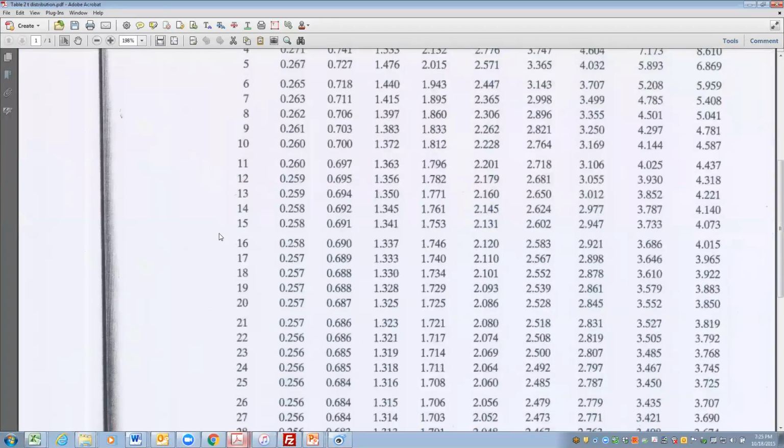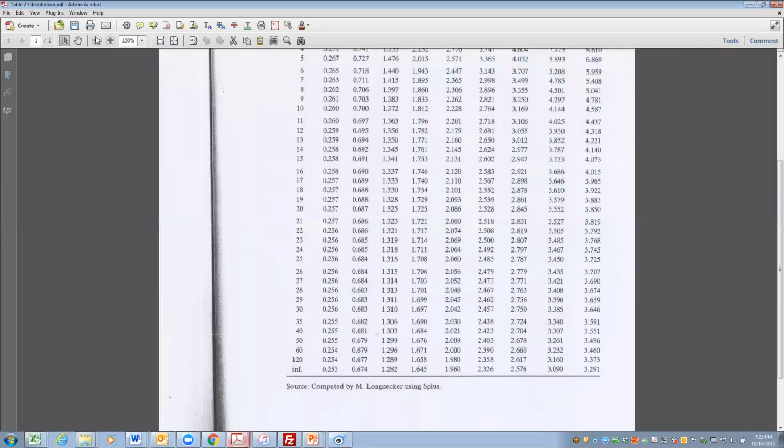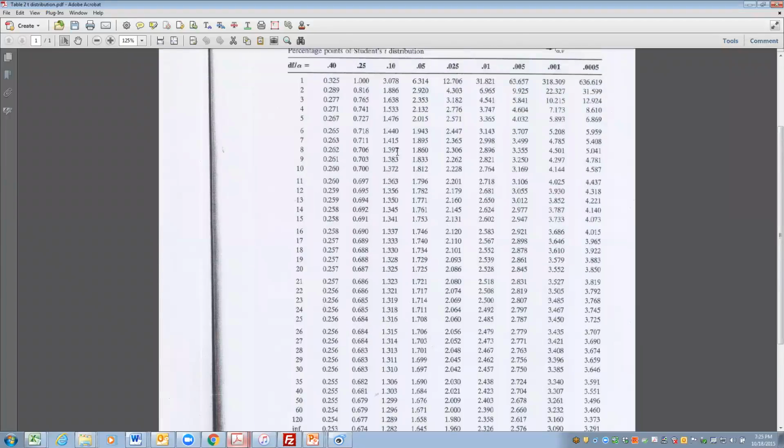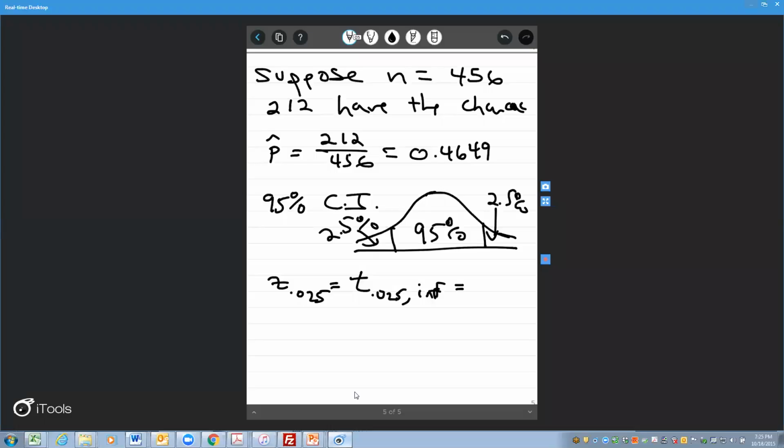I'll see a value down there at the bottom of 1.96. So I know that I'm going to use 1.96.